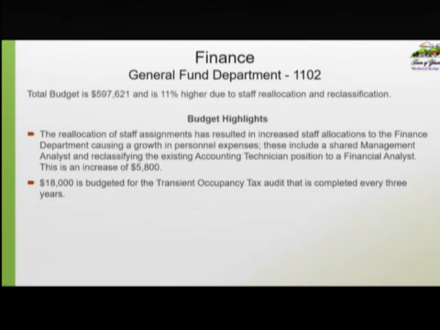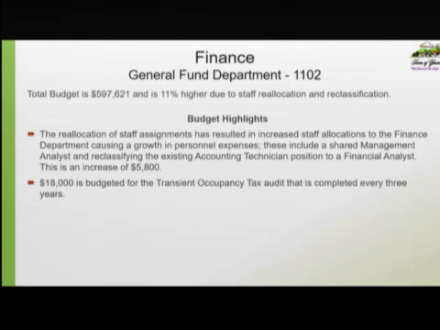And so one of our positions is working at achieving that more journey level position, and would be reclassified to a financial analyst or management analyst with the working title of financial analyst.